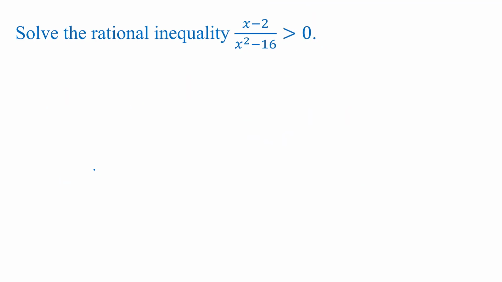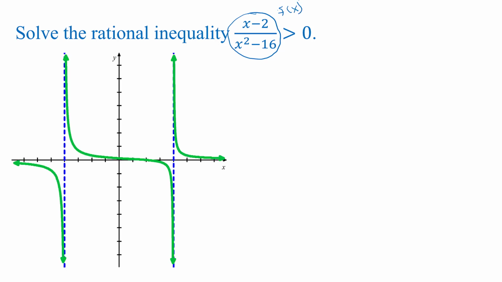Here we have the rational inequality x minus 2 over x squared minus 16 is greater than 0. And here our function f of x is going to be on the left side of the inequality. We're going to graph f of x equals x minus 2 over x squared minus 16.